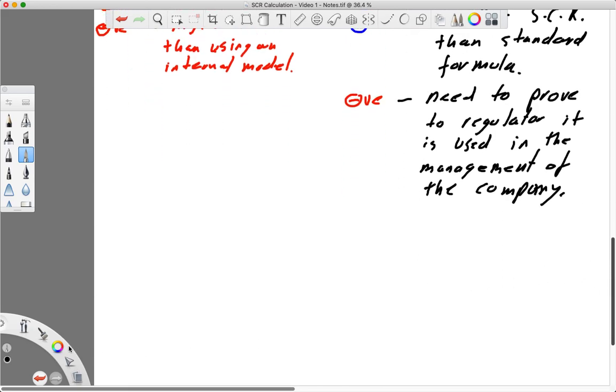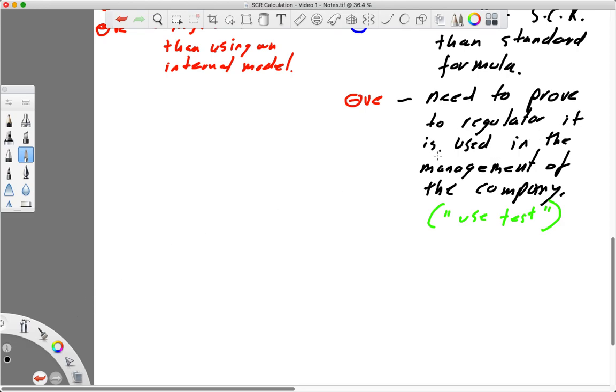This is called the use test. If you want to use an internal model, you can't just build it and use it just for checking, just for producing your balance sheet, just for calculating the SCR.